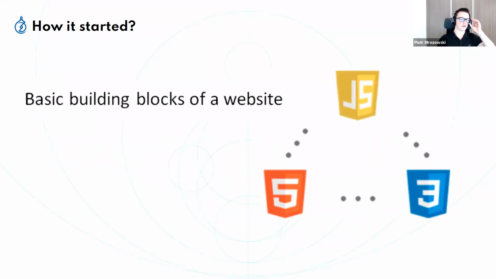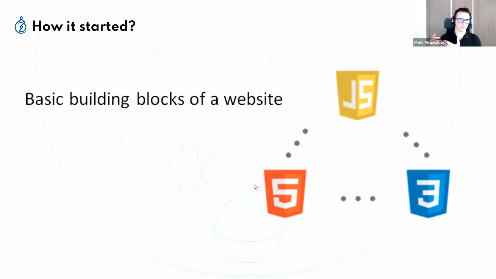So how it all started. The basic building blocks of a website are HTML, CSS, and JavaScript. HTML5 is the latest one, and CSS3 is the latest iteration of CSS as well. Technically, you only need HTML, and that's what the first sites used.